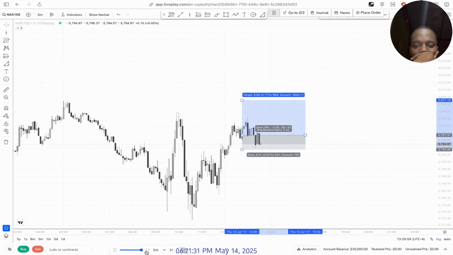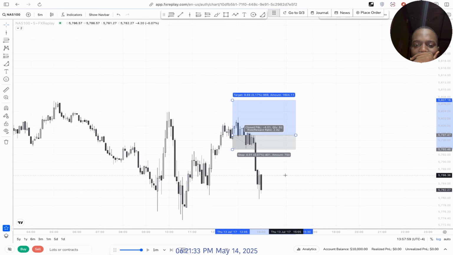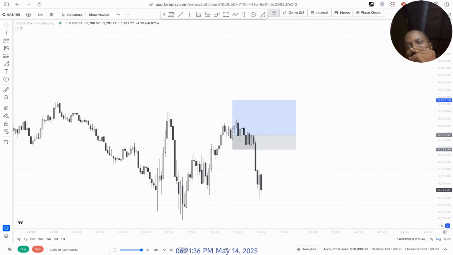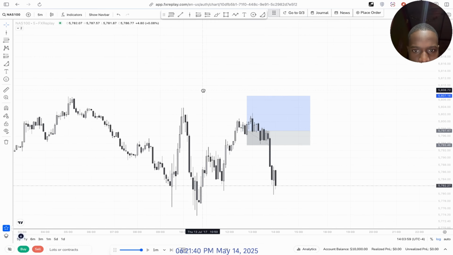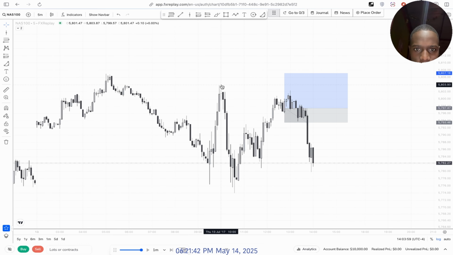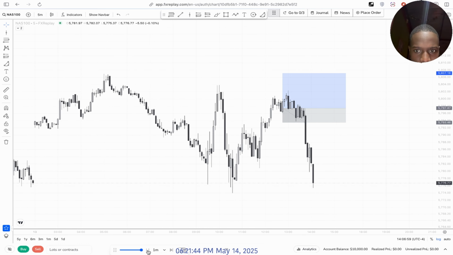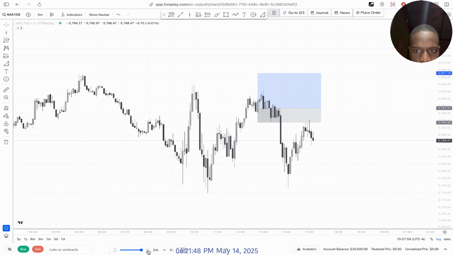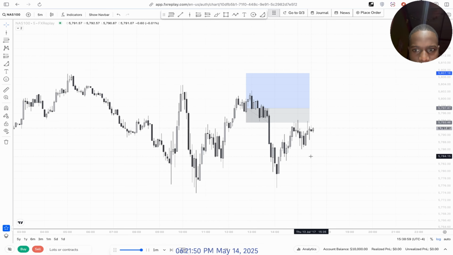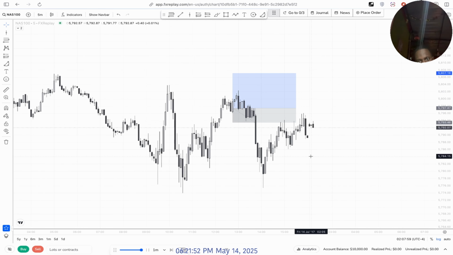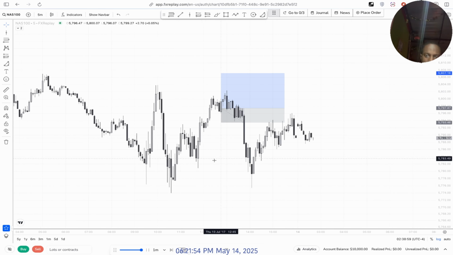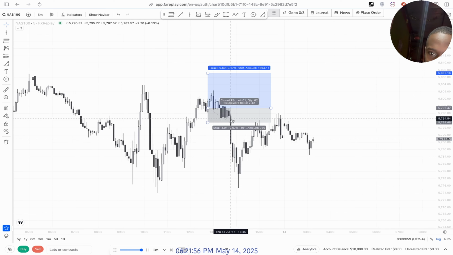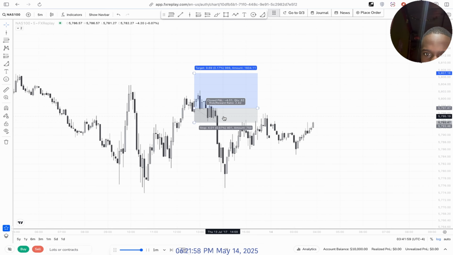Very tight. Come on, loss after loss. Are you serious? I think I'll wait for this day to pass as I read it. Can spot a respected fair value gap here.